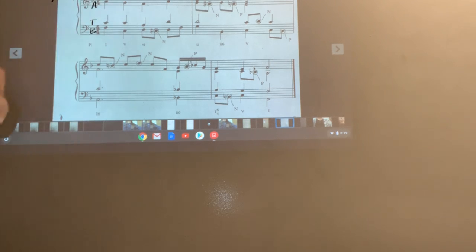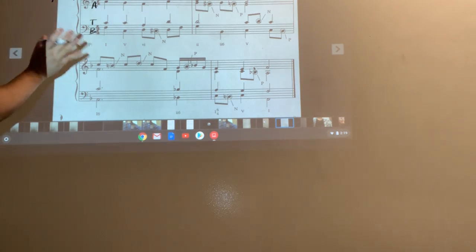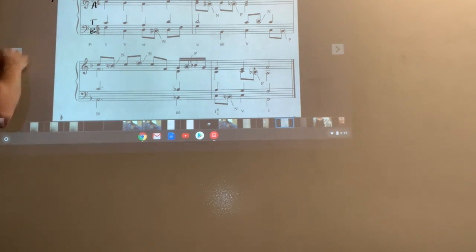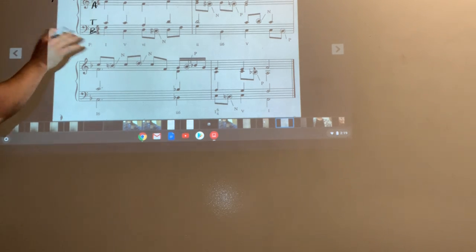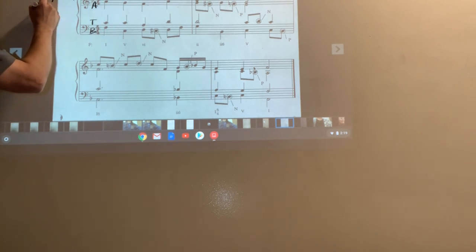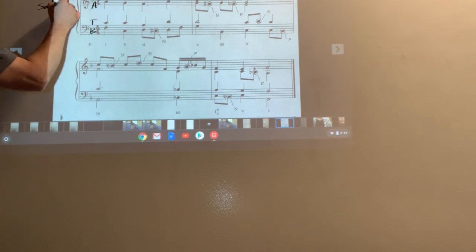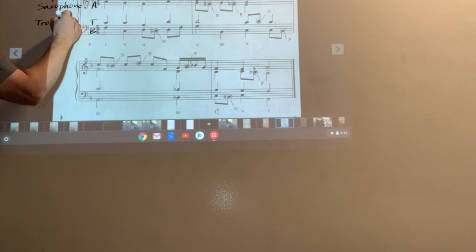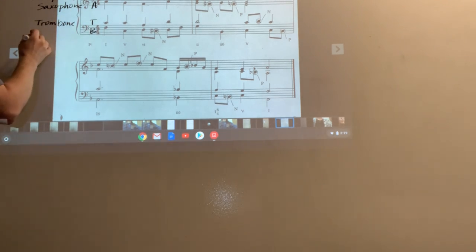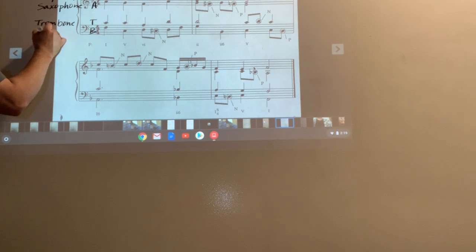In the quiz it says trumpet or clarinet, which is pretty much the same transposition, which we'll get to in a sec. Then your saxophone is the alto part, trombone is your tenor part, and your bass is your bass part.